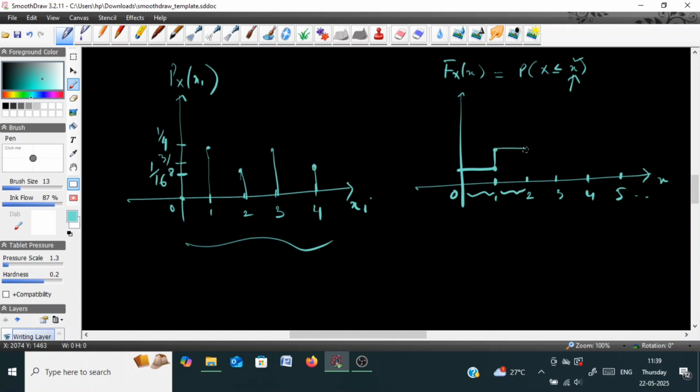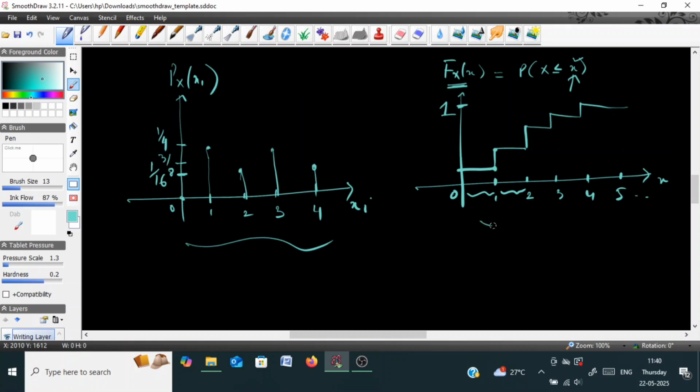When x becomes 2, the CDF at x equal to 2 is the sum of all the probabilities for x up to 2. The next probability gets added. Okay. At 3, again you have addition. At 4, you have addition. And then it becomes 1. Definitely, because after this you have the sum of all the probabilities and it becomes 1.